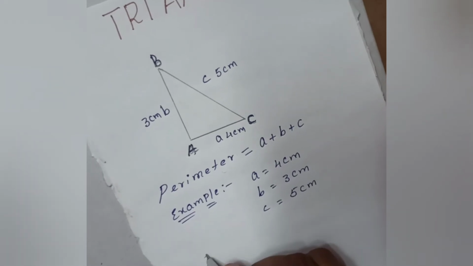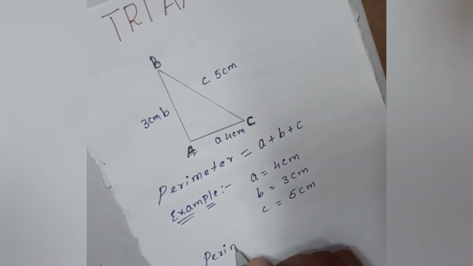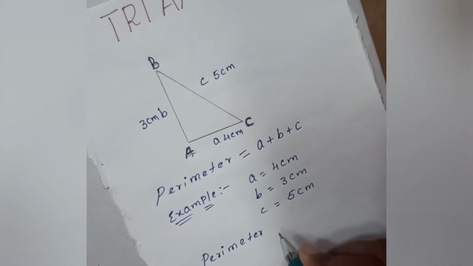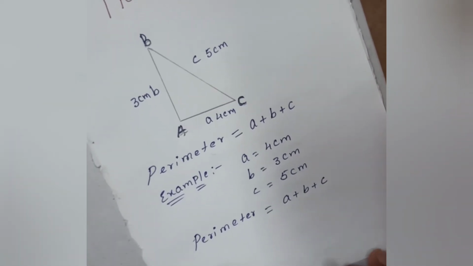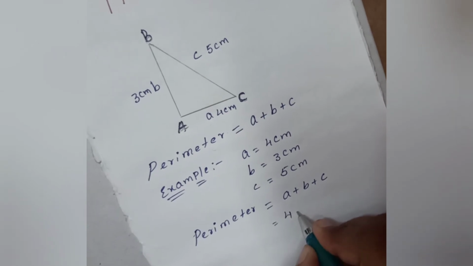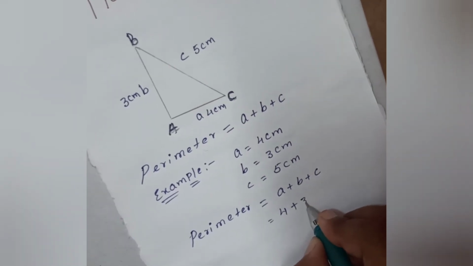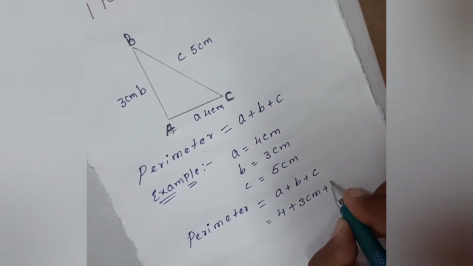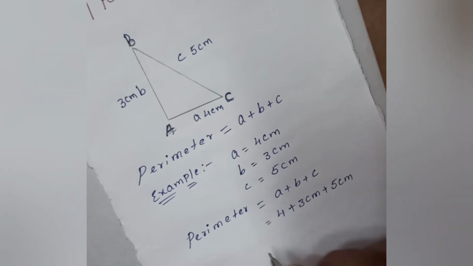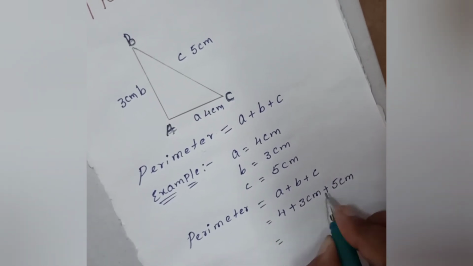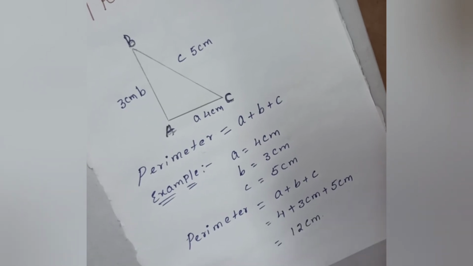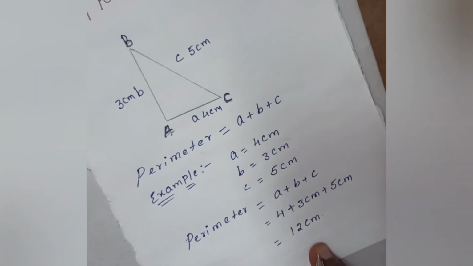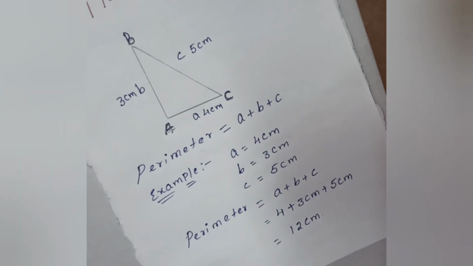Then what is the perimeter? It is equal to A plus B plus C. What is A here? 4 centimeters. What is B here? 3 centimeters. What is C here? 5 centimeters. Sum of all these, 4 plus 3 plus 5 is 12 centimeters. 12 centimeters is the perimeter of this triangle.